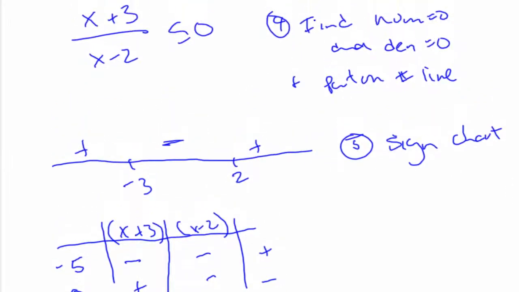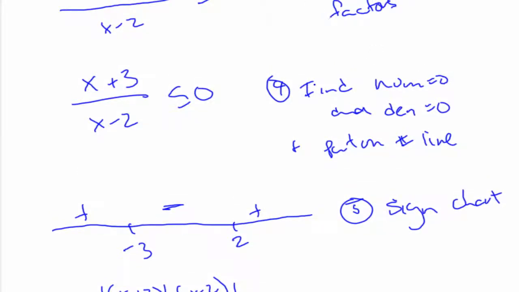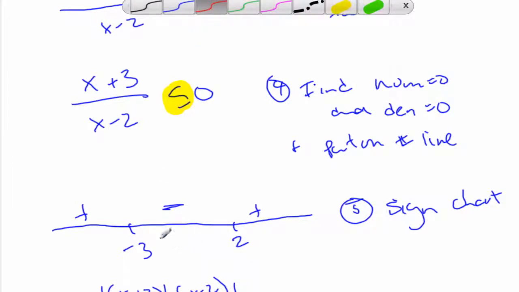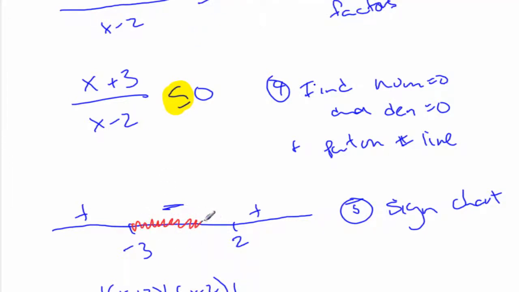Now, we were specifically asked for less than or equal to 0. That means negative numbers, so I am looking for where it is negative. All these values in between are negative. Now, on the endpoints, are they open or closed circles?